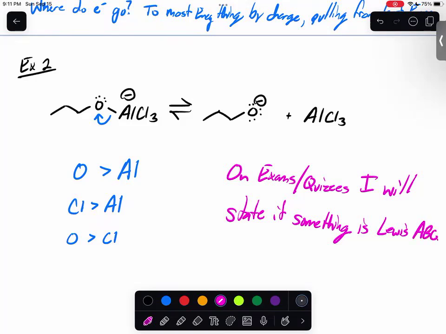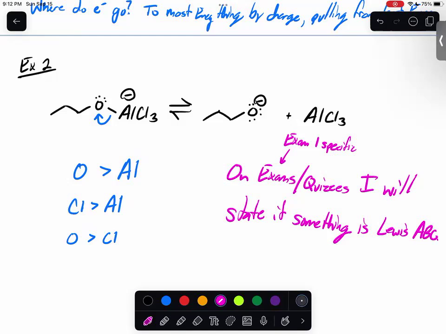So you don't necessarily need to immediately be aware of these reactions being Lewis acid-base. At the moment, I will tell you that they are. But keep in mind, as we go throughout the course, we're going to see more Lewis acid-base chemistry, and it's going to start to become more apparent, and I'm going to stop telling you when something is Lewis acid-base. But at least for exam one, right? So this is exam one specific. I will tell you when something is a Lewis acid-base chemistry reaction.